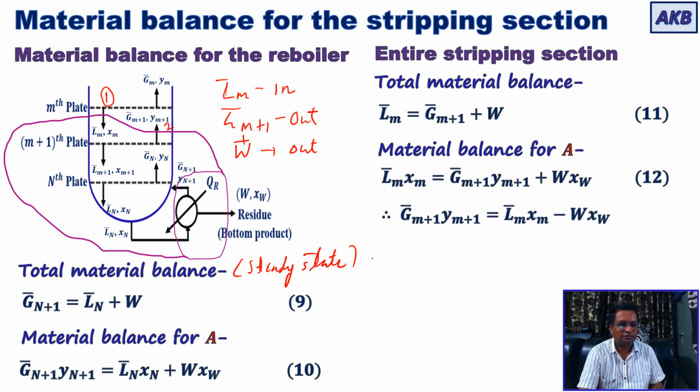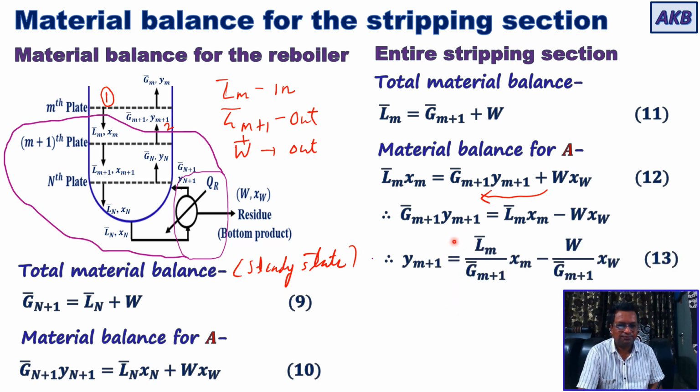What I have done is brought this term on this side to get this equation. Again, if you rearrange it, G bar m plus 1 is brought to the right hand side. So ym plus 1 is equal to L bar m upon G bar m plus 1 into xm minus W upon G bar m plus 1 into xw. Okay, so let us continue with that.